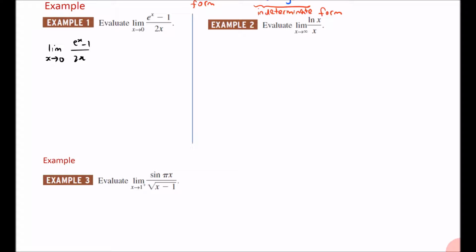First you evaluate, so you get e^0 minus 1 over 2 times 0. You get 1 minus 1 over 0, so you get 0 over 0. So this is confirmed to be an indeterminate form limit, and we have to differentiate.